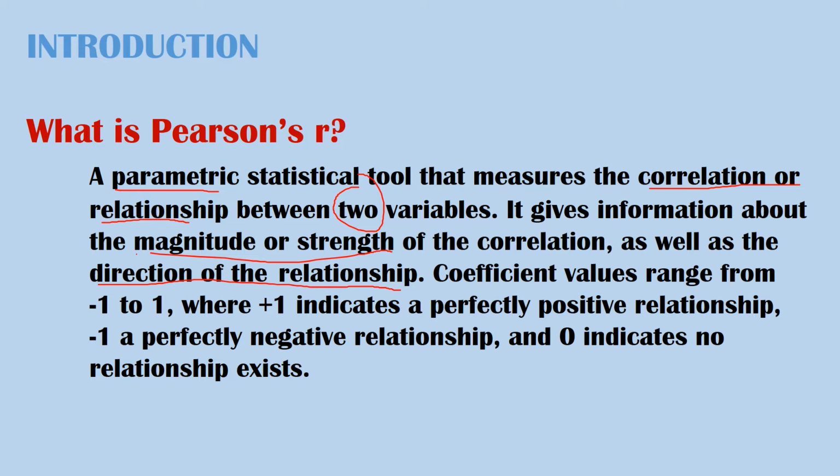The coefficient values range from -1 to 1, where 1 indicates a positive relationship and -1 indicates a negative relationship, while 0 indicates no relationship at all.